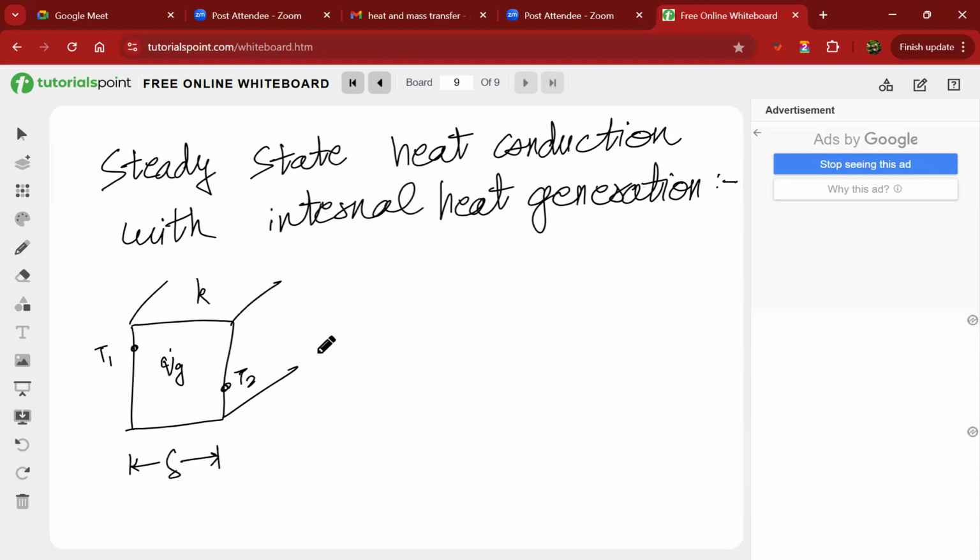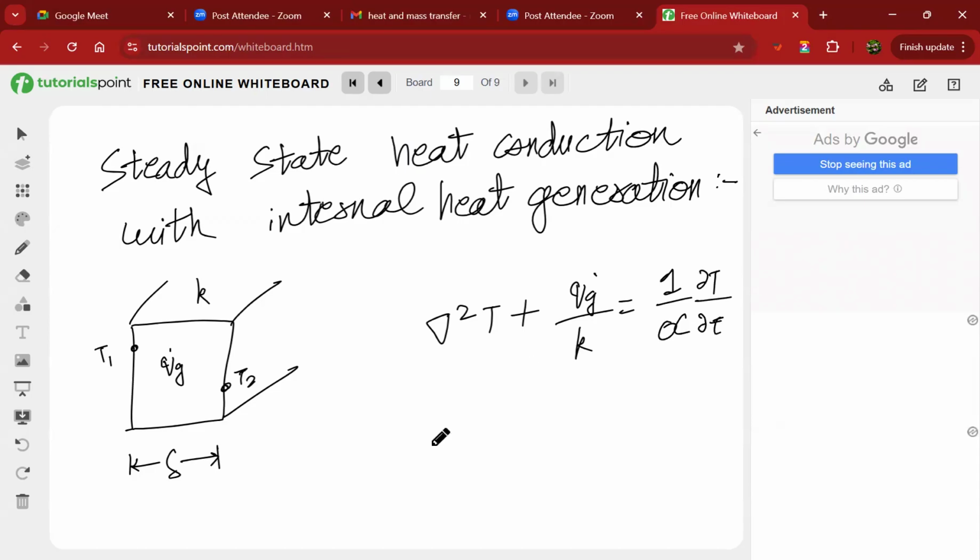So in that particular case, what equation to use? We saw in case of one-dimensional heat transfer with internal heat generation, we are basically using this format: del square T plus Qg by k is equal to 1 by alpha del T by del tau.